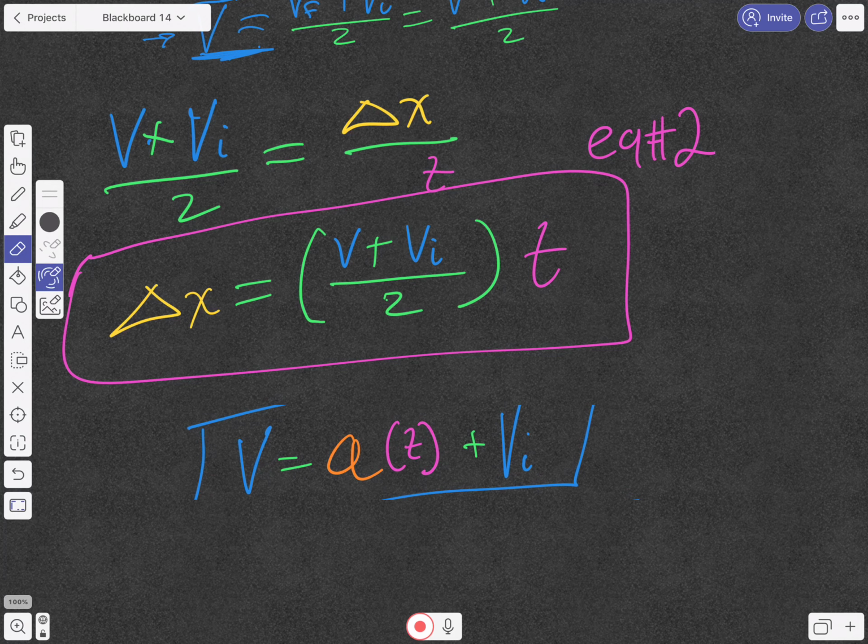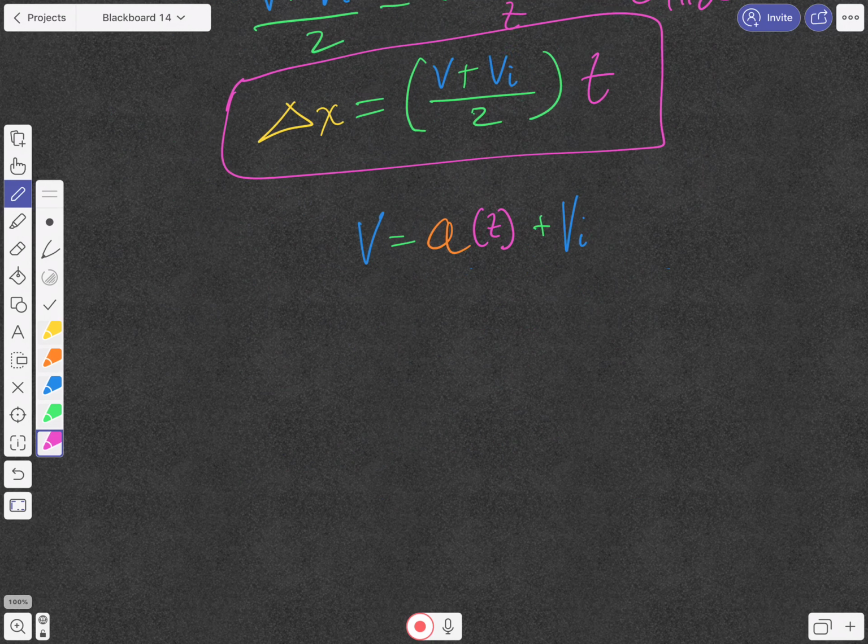So this is our formula. Now if we wanted to substitute equation 1 into equation 2, we would put it up here.